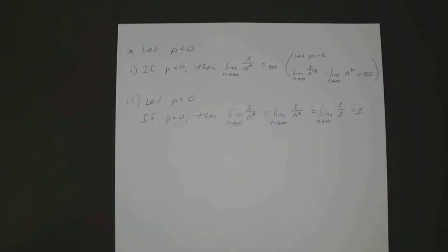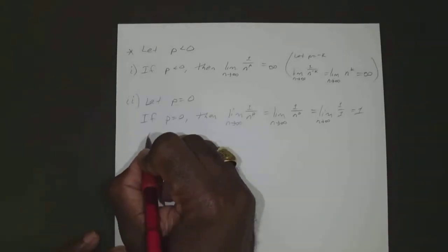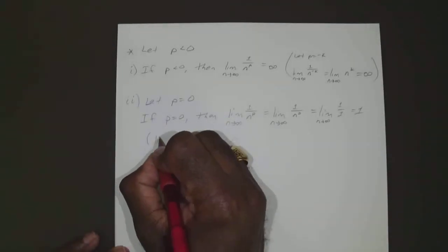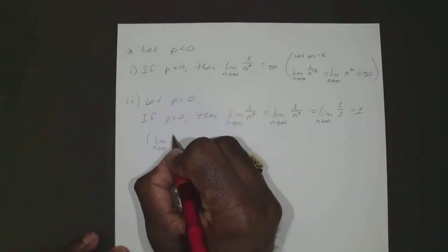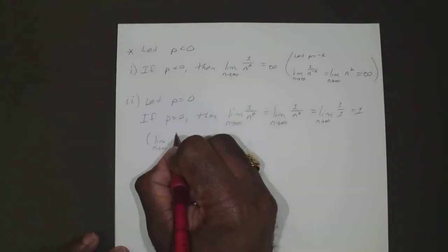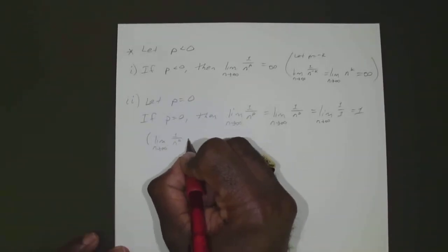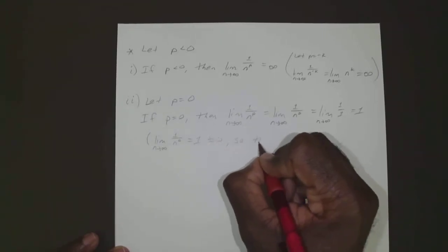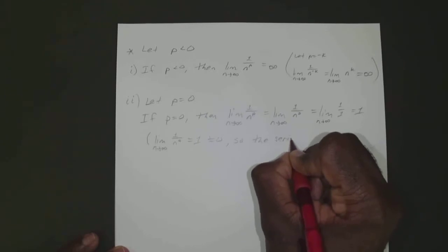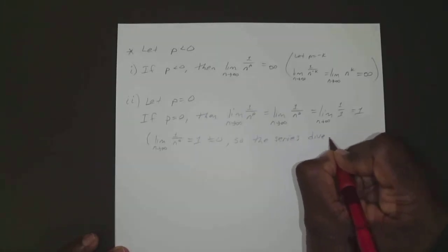Okay, so remember, test for divergence is as long as it doesn't equal 0, it diverges. 1 over n to the 0 equals 1, which is not equal to 0. So the series diverges.